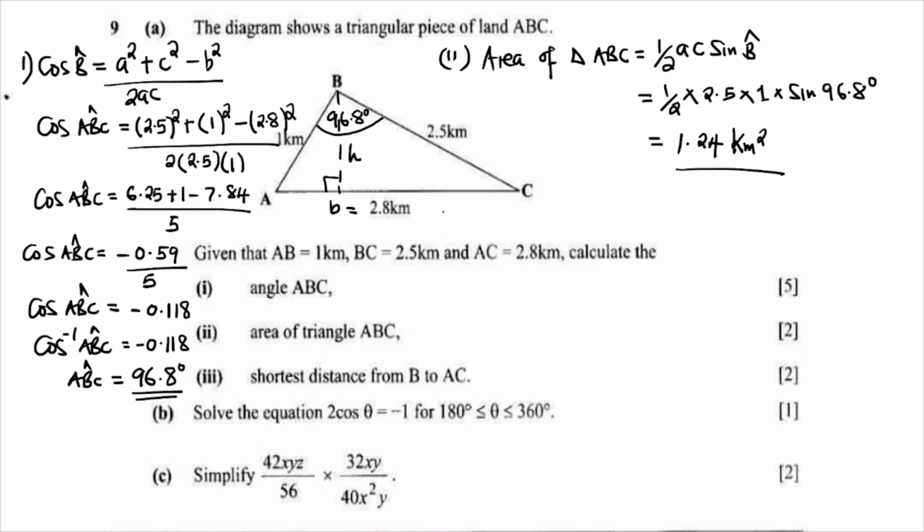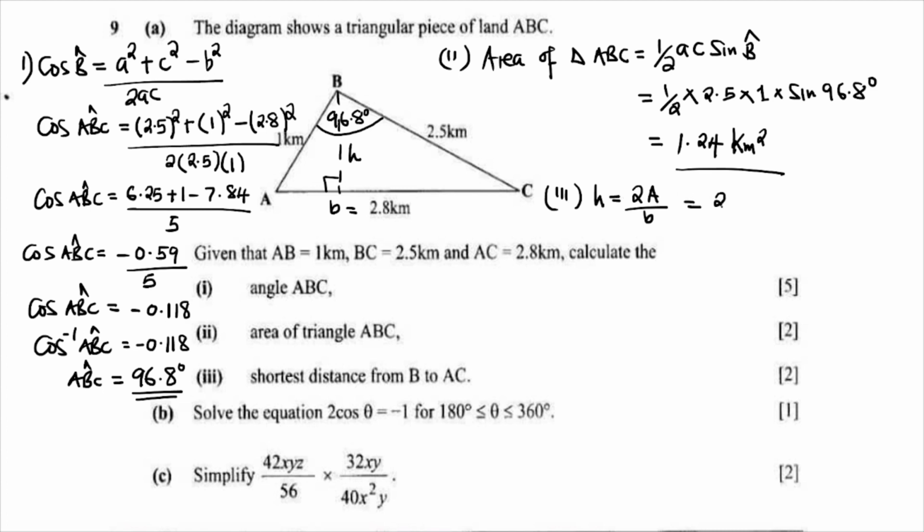Now that we know the area of this triangle, it is easier for us to find the height. We shall say that height is equal to 2 times area divided by the base. You can arrive at this formula when you make h the subject of the formula, using the area of a right angled triangle.